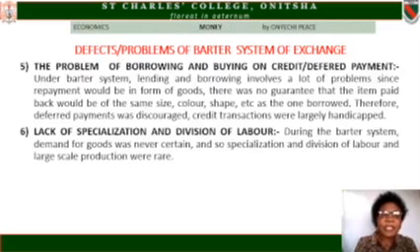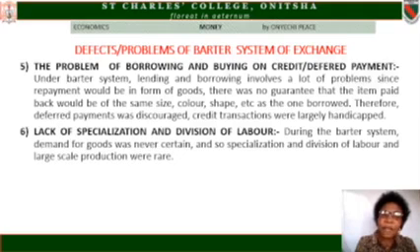The 5th point is the problem of borrowing and buying on credit, that is, deferred payment. Under barter system, lending and borrowing involves a lot of problems. Since repayments would be in form of goods, there was no guarantee that the item paid back would be of the same size, color, shape, and so on as the one borrowed.